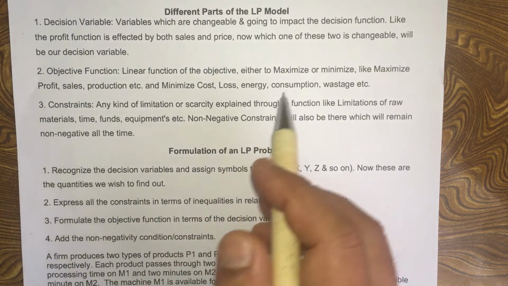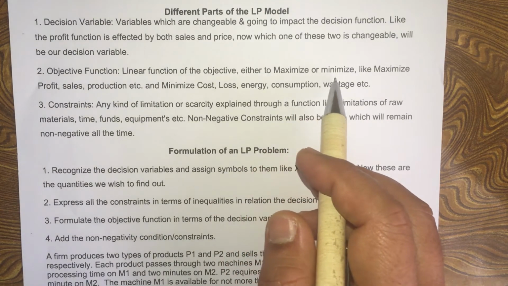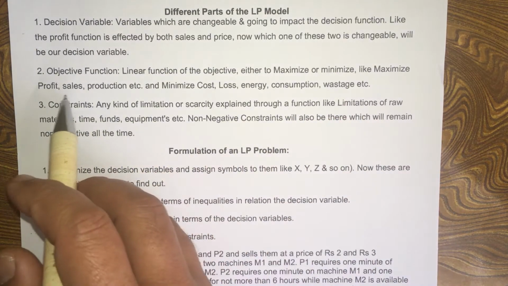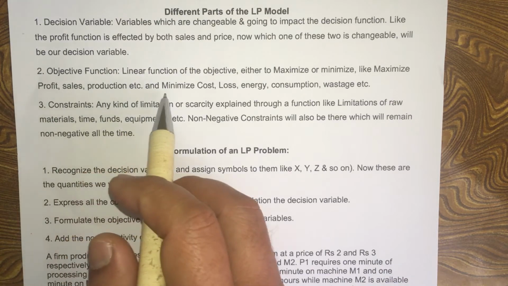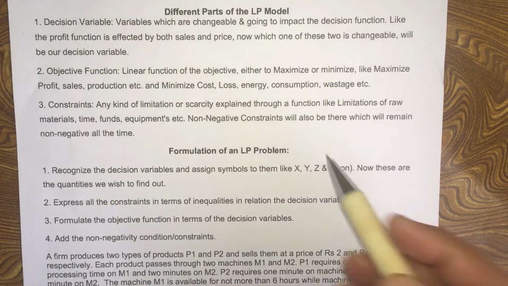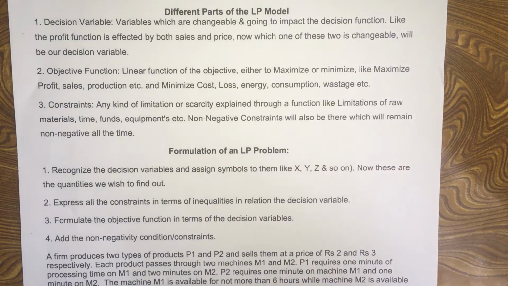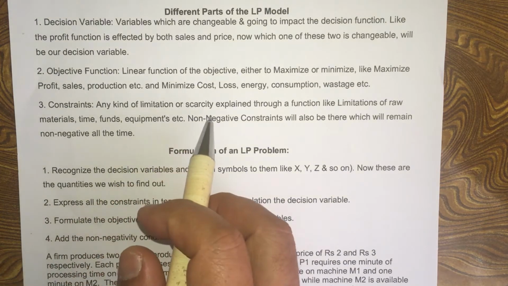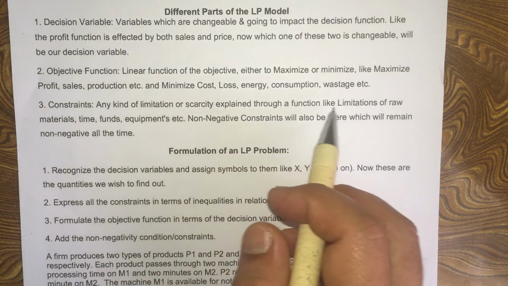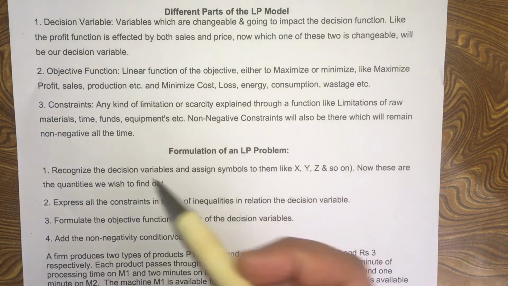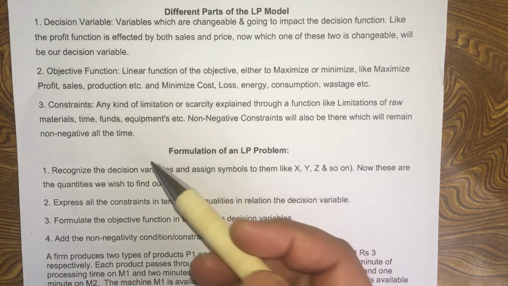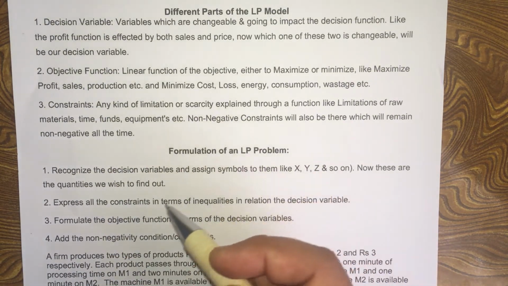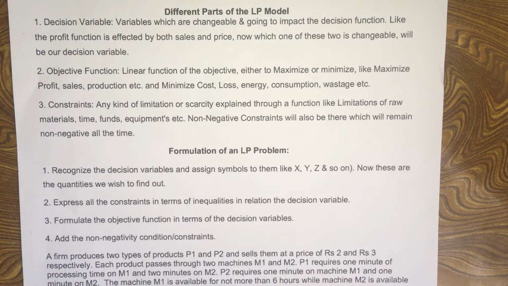Either to maximize or minimize: maximize profit, sales, production, etc., and minimize cost, loss, energy consumption, wastage, etc. And then you have constraints. Constraints are nothing but limitations. Any kind of limitation or scarcity explained through a function, like limitations of raw material, time, funds, equipment, etc. These are all constraints.